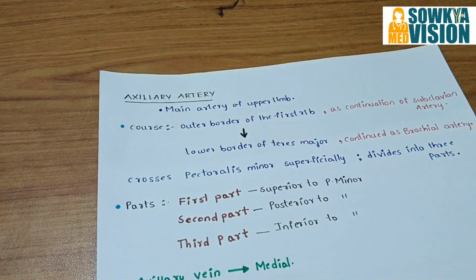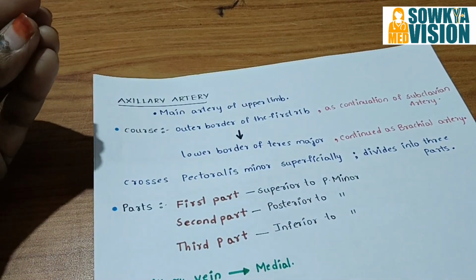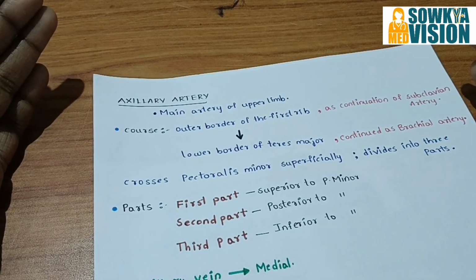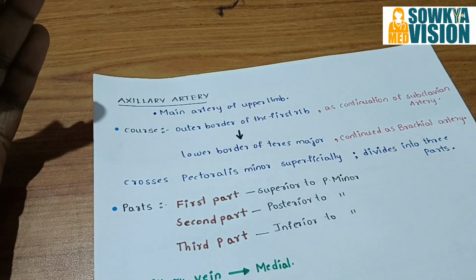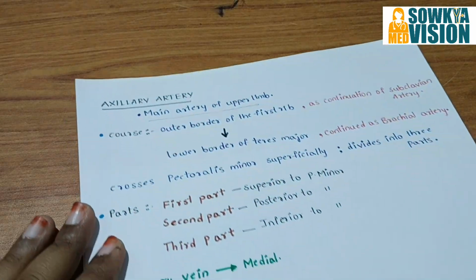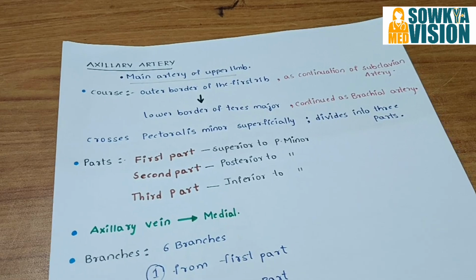Here we go. The axillary artery is the continuation of the subclavian artery and continues as the brachial artery, the main artery of the upper limb. It extends from the first rib to the lower border of the teres major.